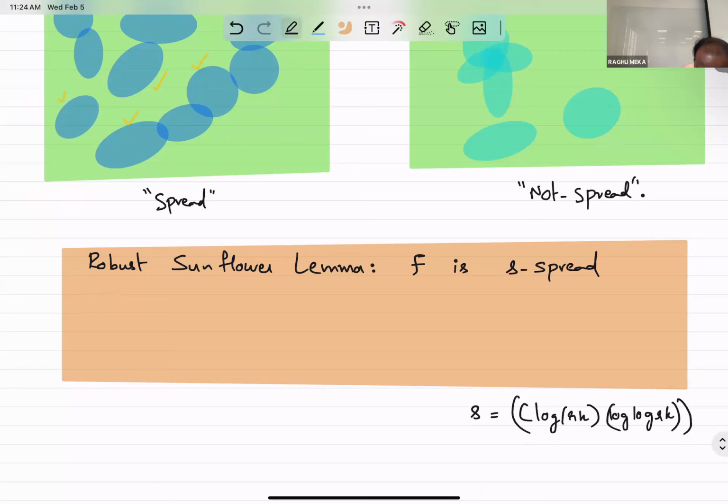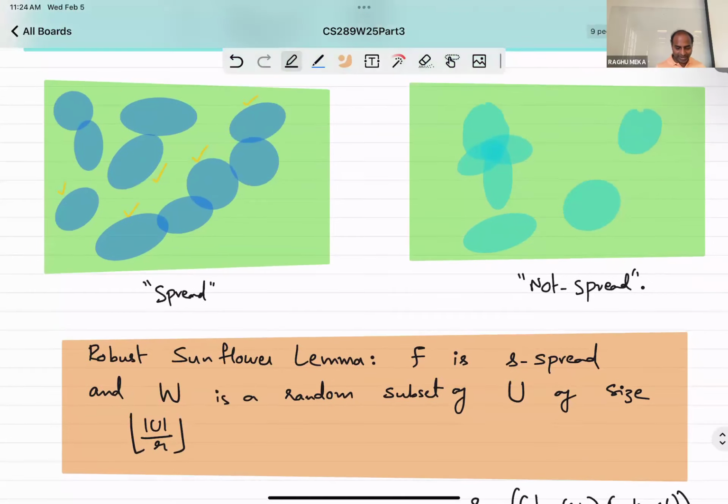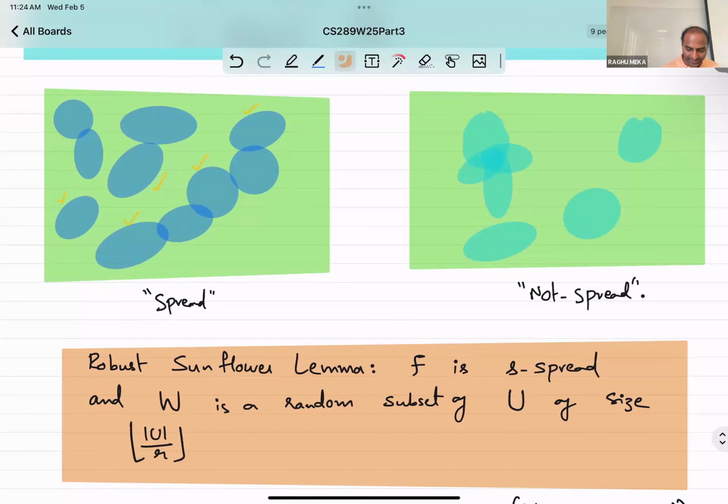Suppose I pick W, a random subset of the universe U. They said, I'm going to pick a completely random subset of the universe U. I'm going to draw a caricature.